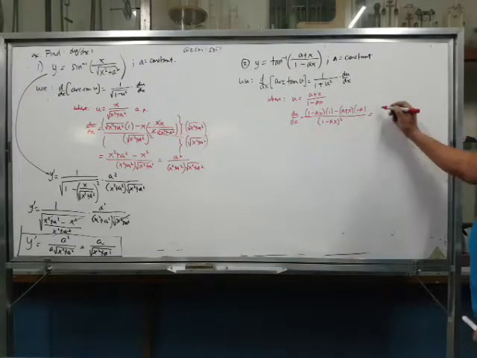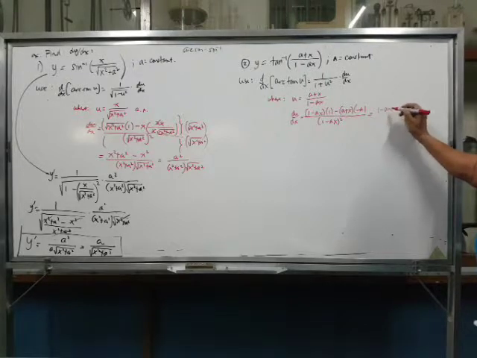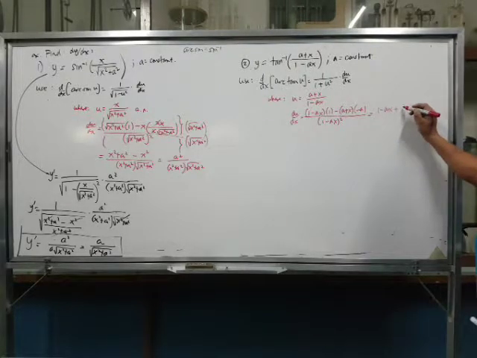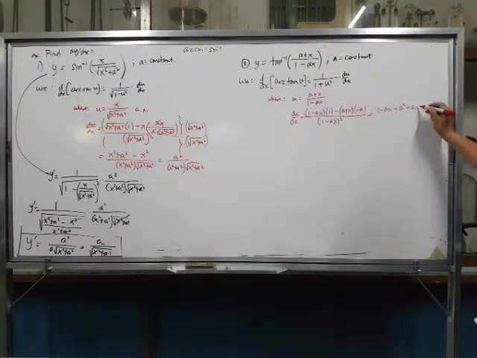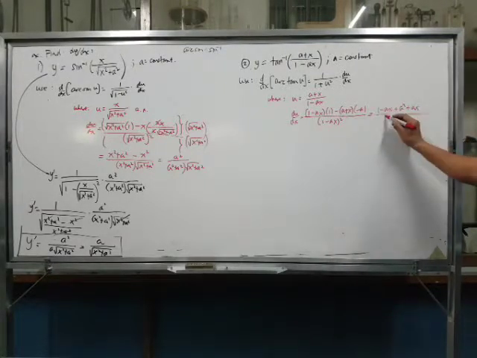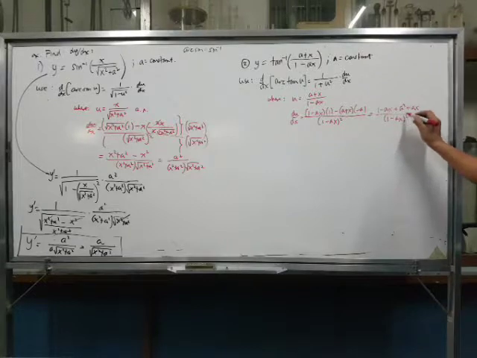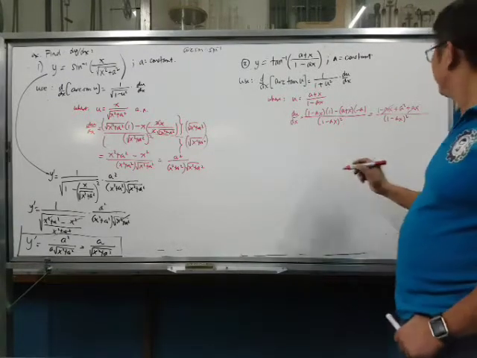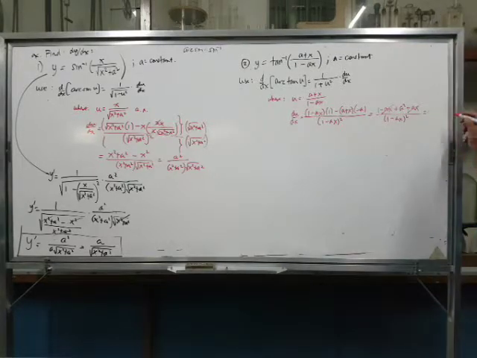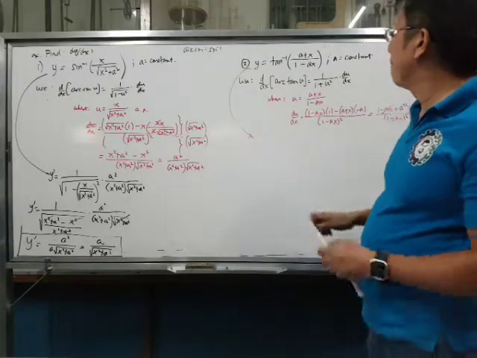Simplifying, this is 1 minus ax, negative and negative makes plus a squared plus ax, divided by (1 minus ax) squared. So ax cancels out, and this can be written as 1 plus a squared over (1 minus ax) squared.